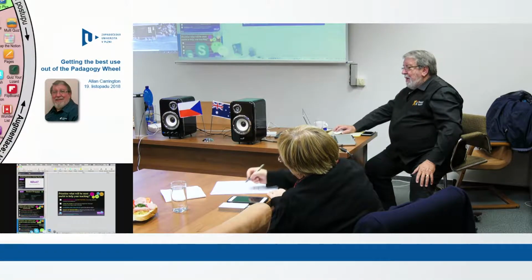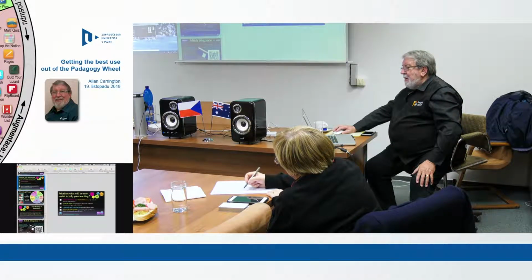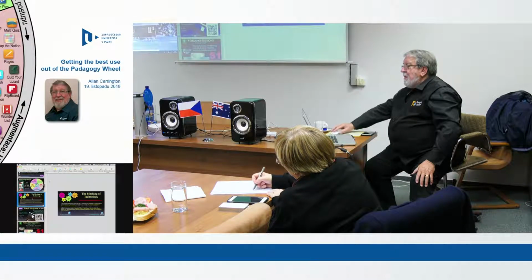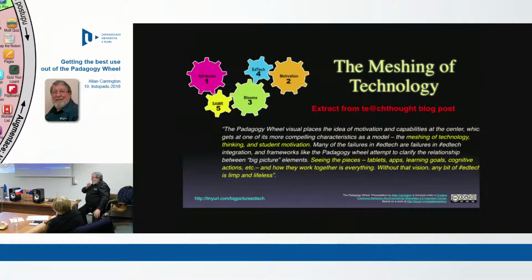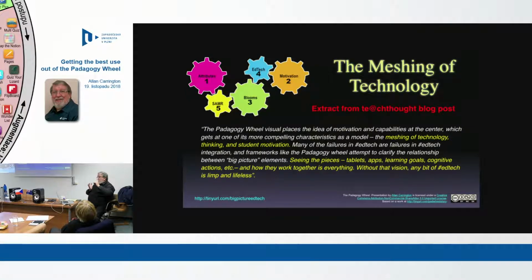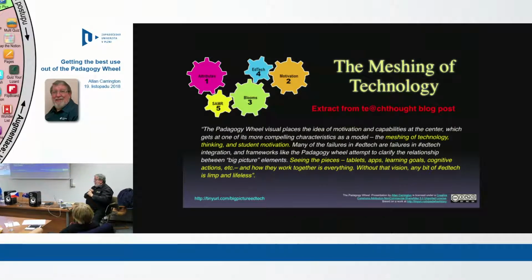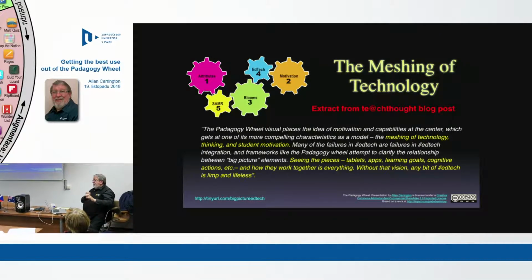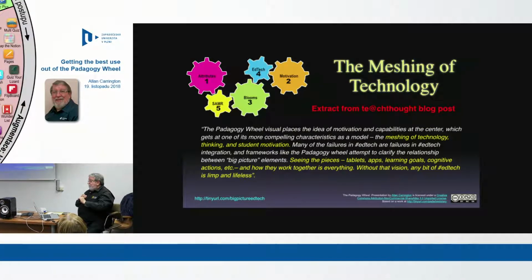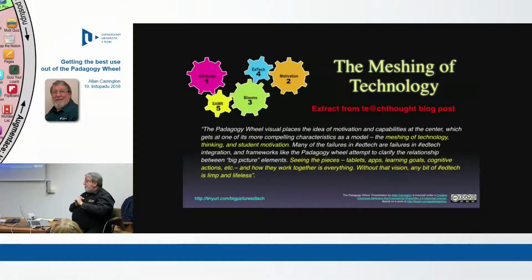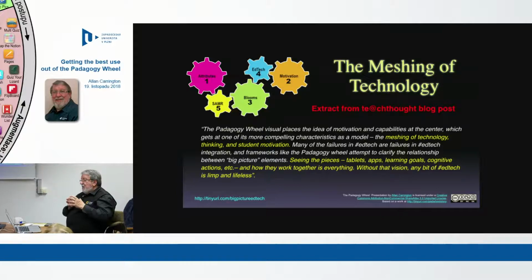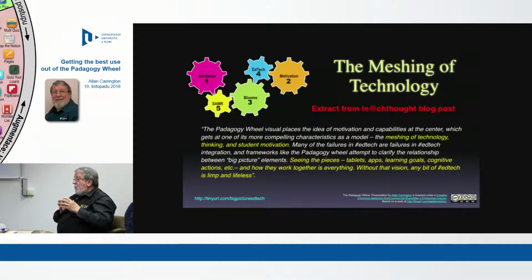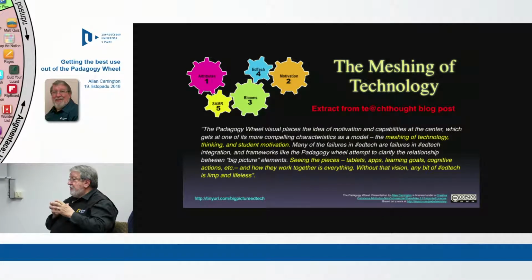All right, now let me just talk about the meshing of technology, and why I mentioned number 1. This is an article out of an e-learning magazine in America, and it said the pedagogy wheel visual places the idea of motivation and capabilities at the centre, which I call the core of the wheel, which gets at one of its most compelling characteristics as a model: the meshing of technology, thinking, and student motivation.